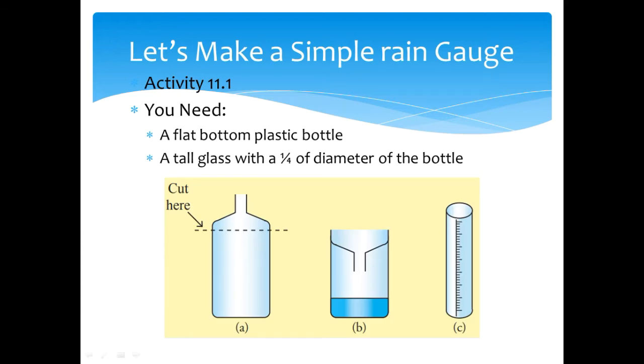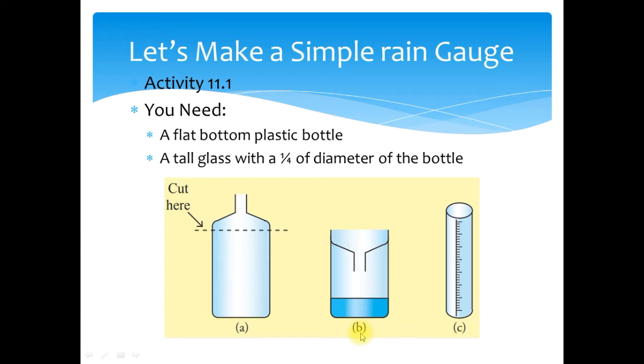First, cut the plastic bottle as shown in this picture. Then, place the removed upper part of the bottle on the bottom of the bottle as shown in this picture.